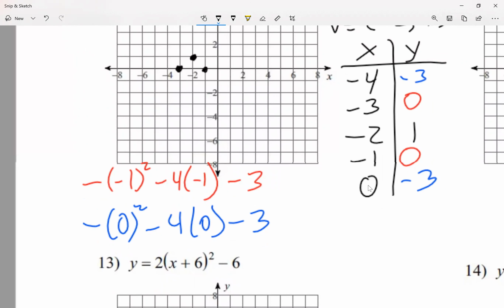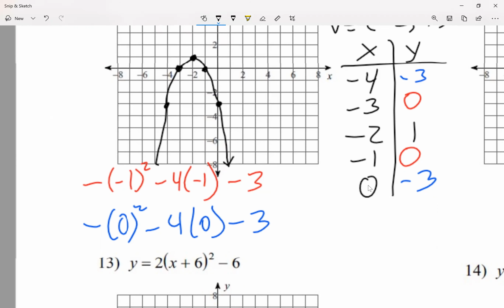I also have -4, -3, and 0, -3. Okay, I have a good idea how this thing looks. And I expected this to go down because my A was negative. So roughly, I'm going to say it looks like that.